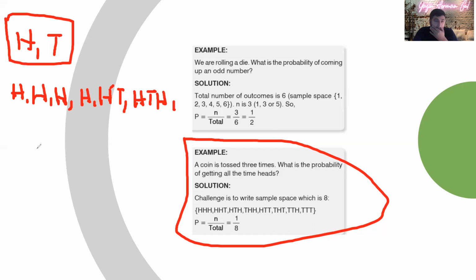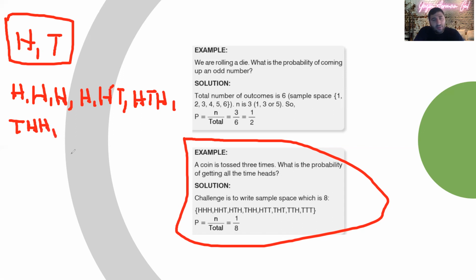Now when you toss it, the other option could be this: you get tails, then head, and then again the third time head.